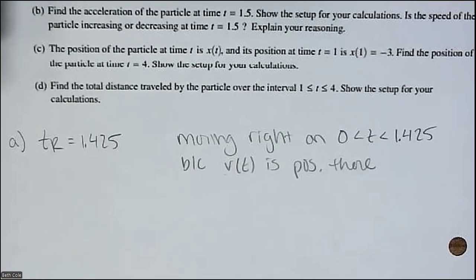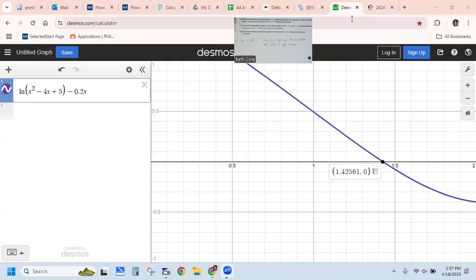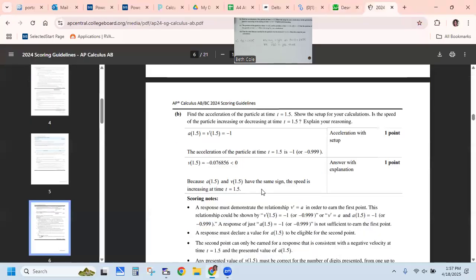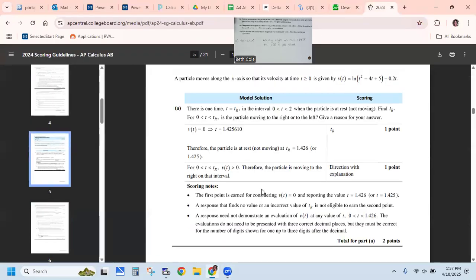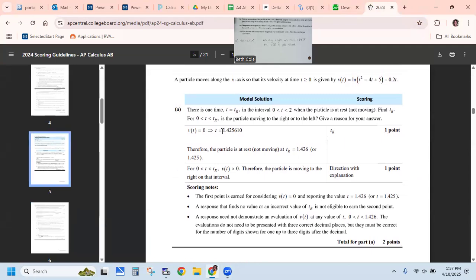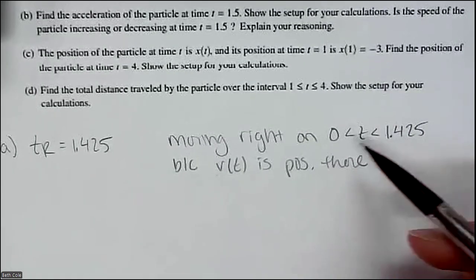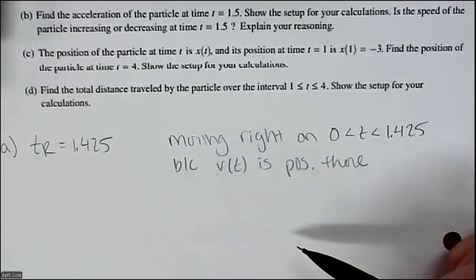All right, let me share my screen and let's see what you would have gotten for the point. I'm already there. All right, you got 1 point if you found that 1.425. Give yourself a point for that. And then it was just 1 point for that explanation. So if you left out any part of that explanation, they're not going to give it to you. If you left out like the interval, they won't give it to you.